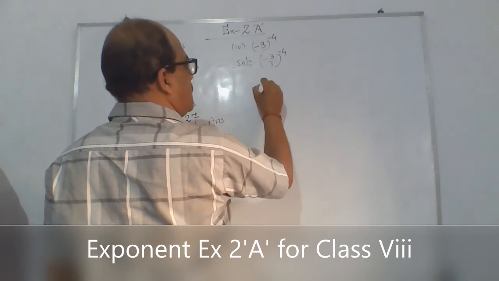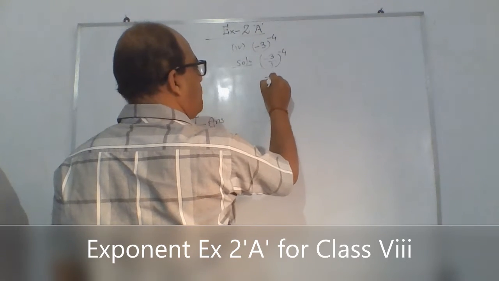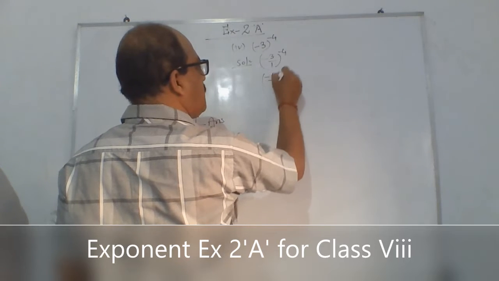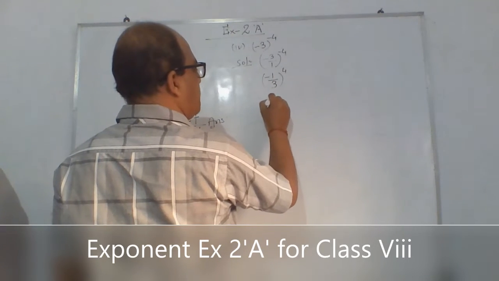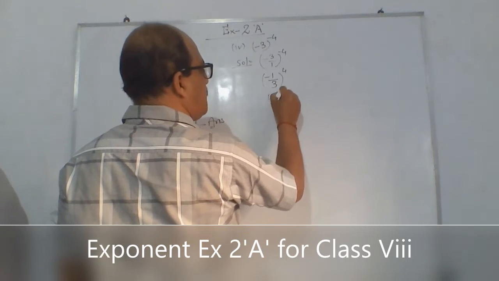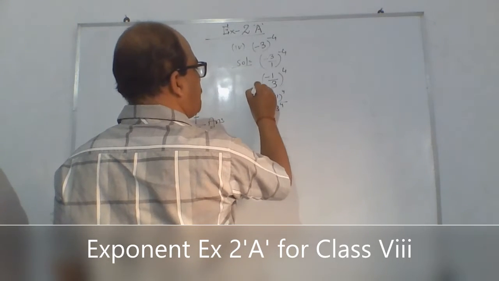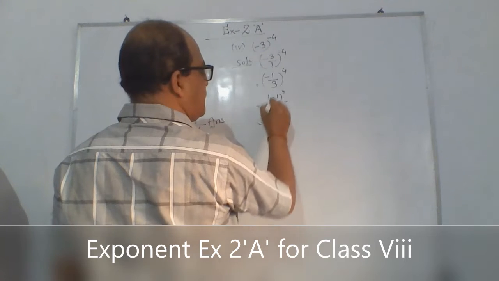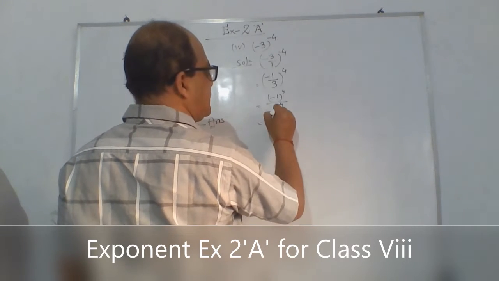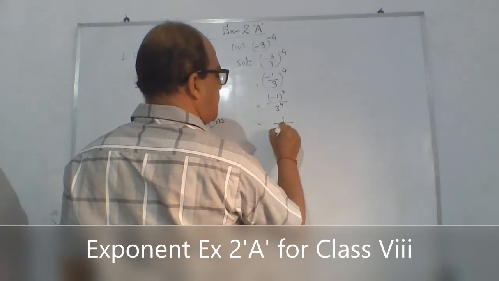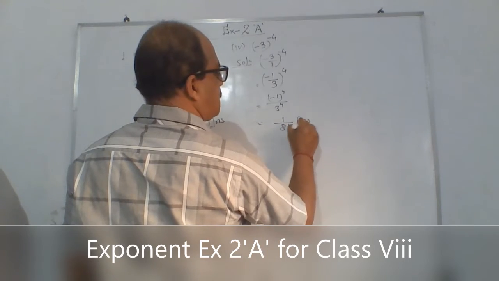Here it will be written as 1 by minus 3 to the power 4, and minus 1 to the power 4 by 3 to the power 4. The simplification of it is 1, and 3 3s are 9, 9 3s are 27, 27 3s are 81, and this is the answer.